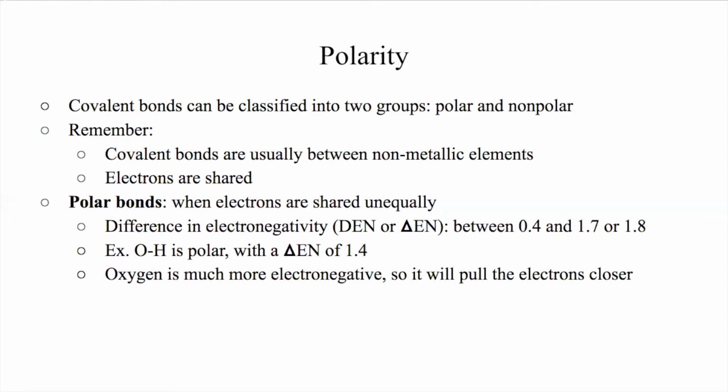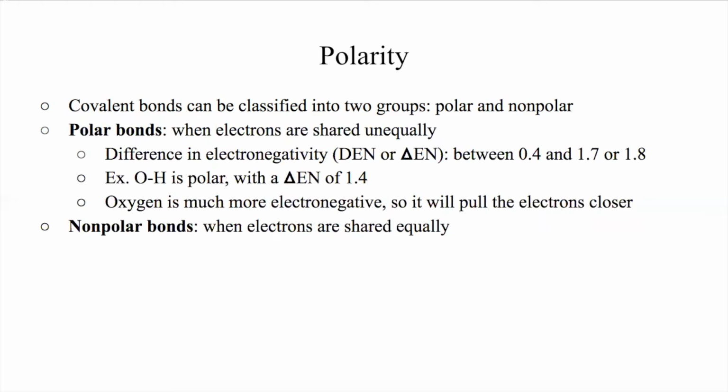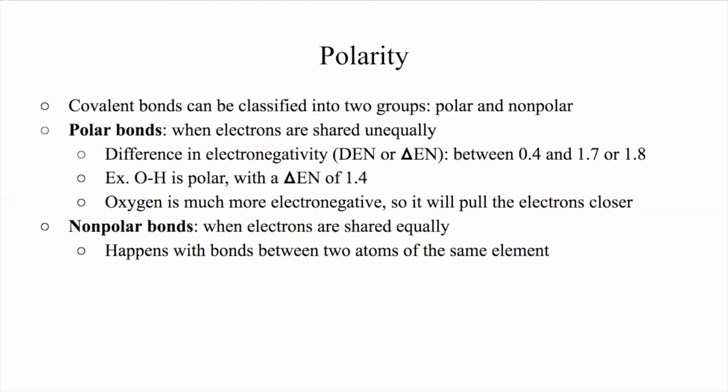Since the oxygen atom is much more electronegative, it will attract the electrons closer to its nucleus than to the hydrogen atom's nucleus. In nonpolar bonds, the opposite occurs. Electrons are shared fairly equally. This happens when the bond is between two atoms of the same element, such as H-H, because the ΔEN will be 0.